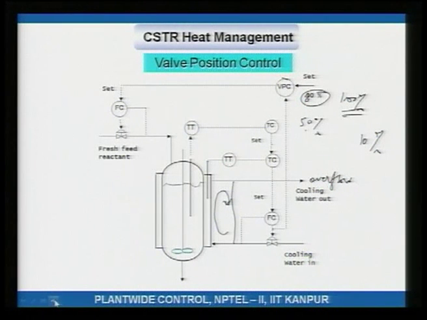So, this is valve positioning control for maximizing throughput through the reactor, maximizing the feed processed by the reactor. Why is it relevant? Well, you want to maximize production, and in the effort to maximize production, your heat removal in the CSTR actually limits your production.